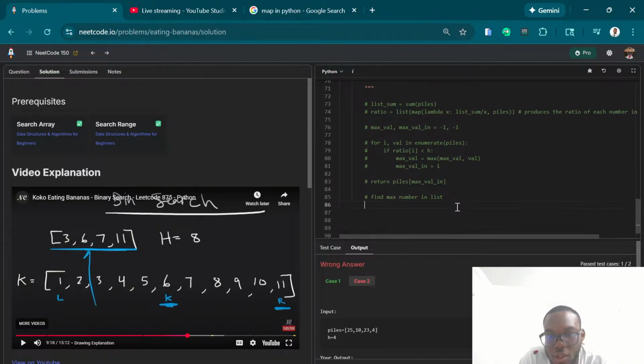Okay, so yeah, we can find the maximum number in the list. We need to essentially generate a list. So we'll call this acceptable numbers. What can I call this? Let's call it possible case.